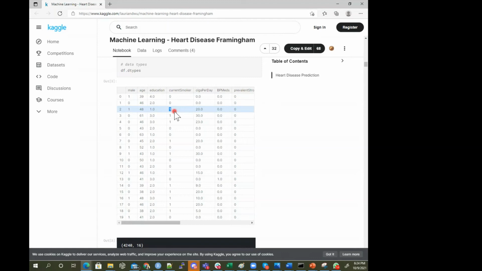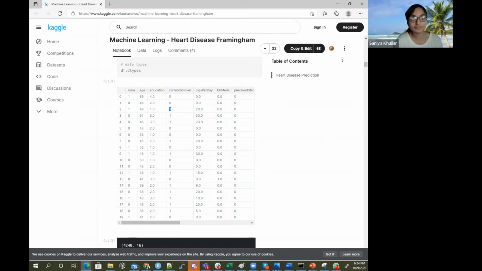It has 0, 1. 0 often means false, and 1 is true. So for current smoker, 0 means you are not a smoker, and 1 means you are a smoker. That's how you can interpret that. And male, the same thing. If male is 0, then you're not a male; 1, you are a male.